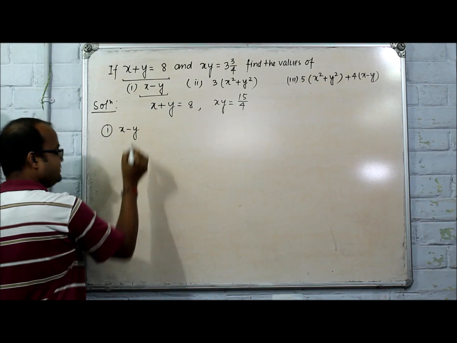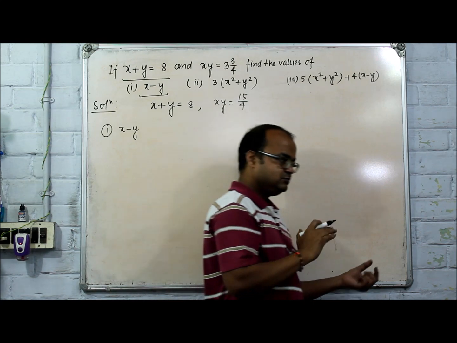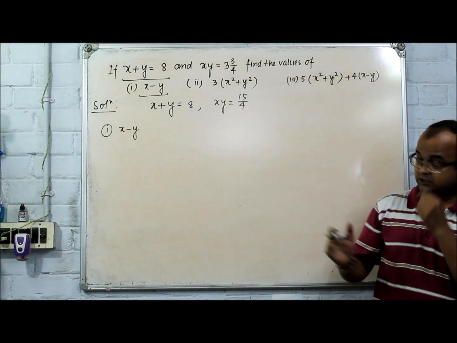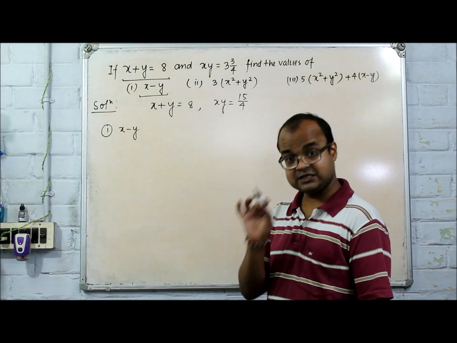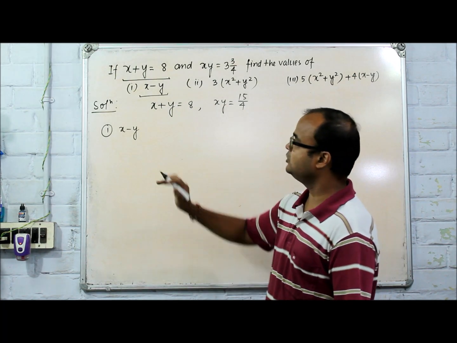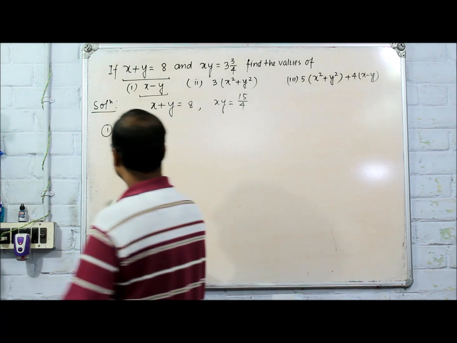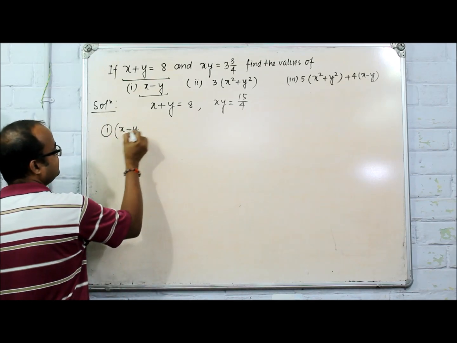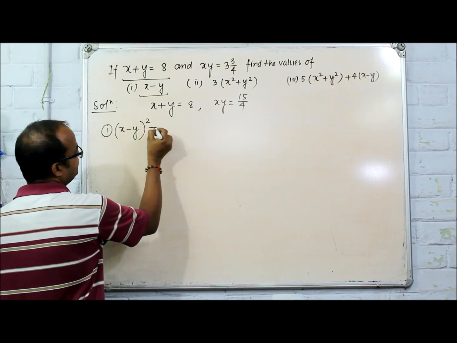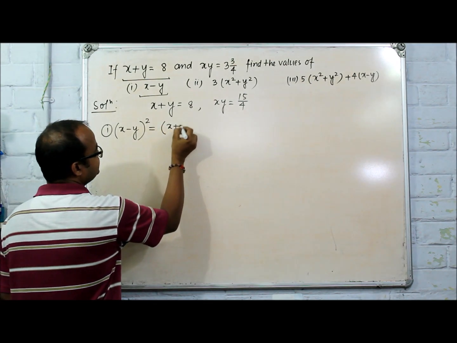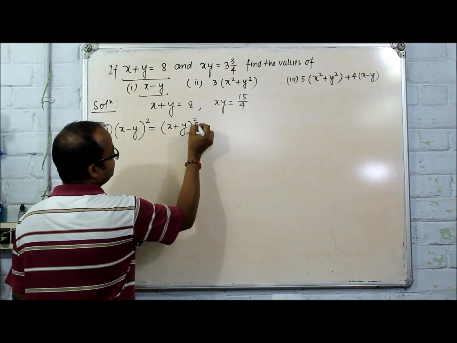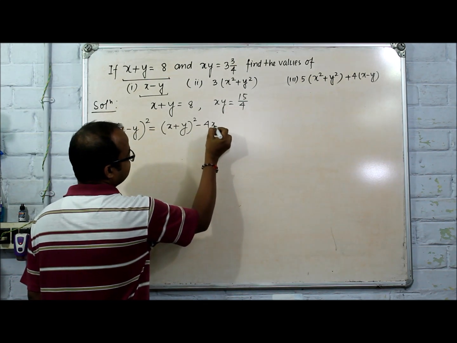In the last second or third sum, I have discussed the formula of x minus y in terms of x plus y. The formula is (x minus y) square is equal to (x plus y) square minus 4xy.